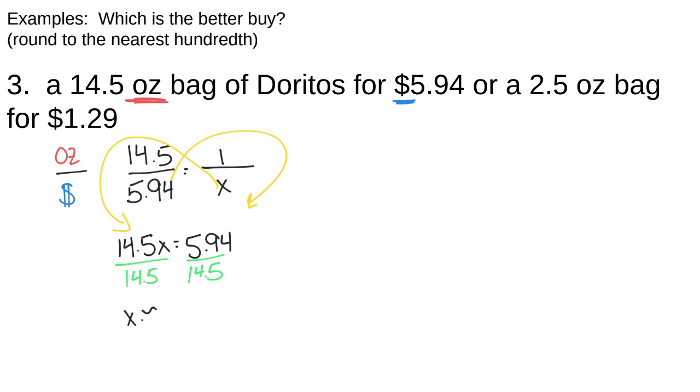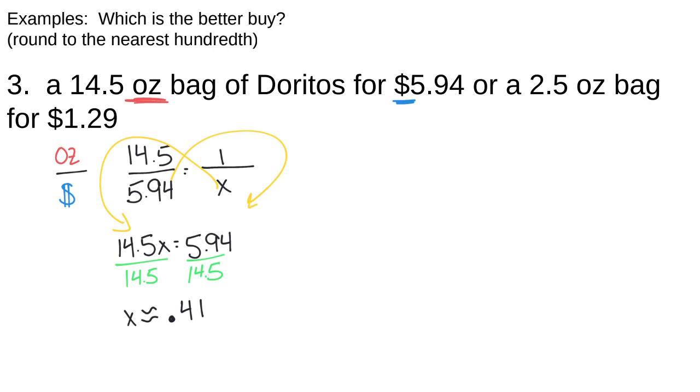And it says to round to the nearest hundredth, which means 2 places. So after my decimal point, I need 2 decimal places. If rounded correctly, this one is going to be 0.41, which means we're paying 41 cents for 1 ounce of Doritos. Now let's look at the second case.